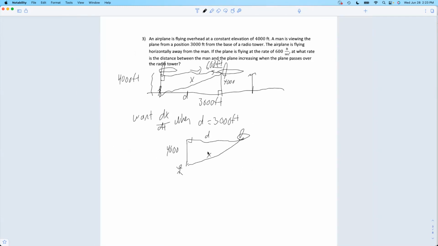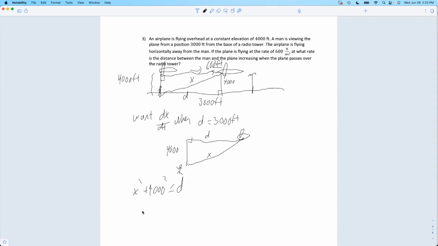Okay, how are these related? Well, I know x squared plus 4,000 squared must be d squared. Or if I take the square root of both sides, so I'm after x here.